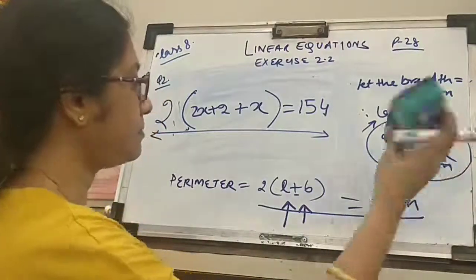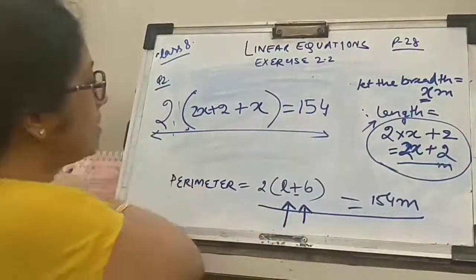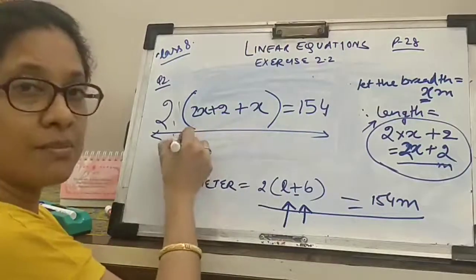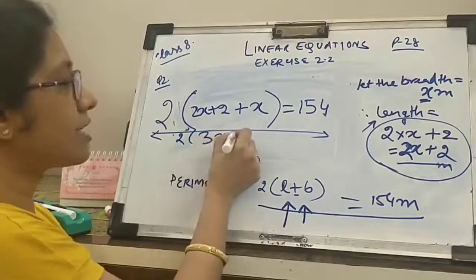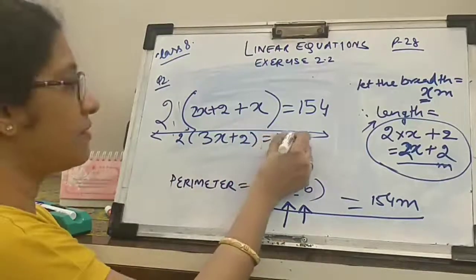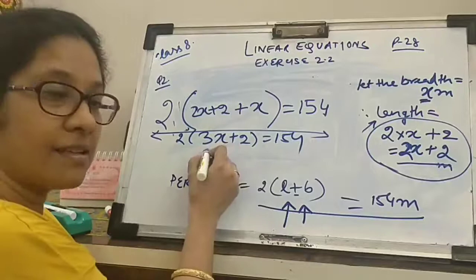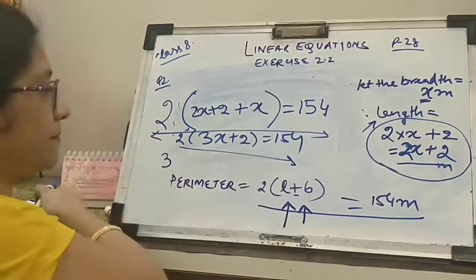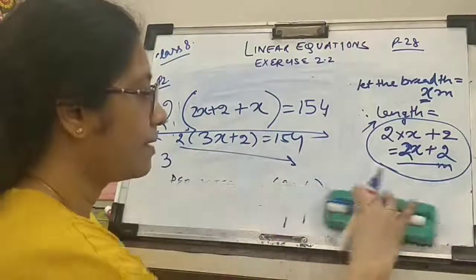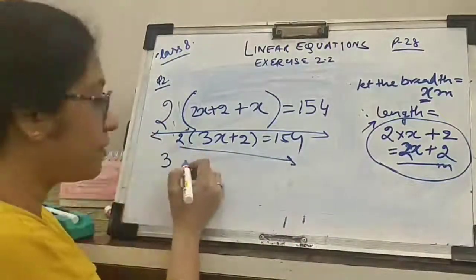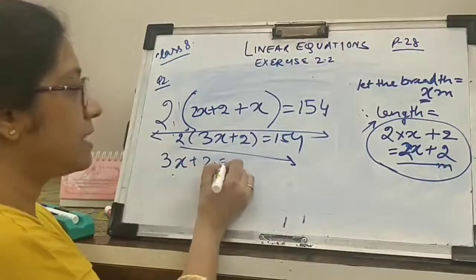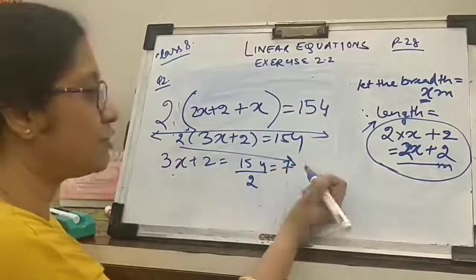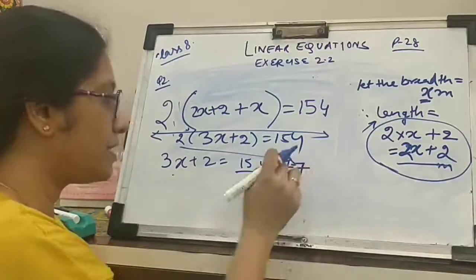So all I need to do is simply solve it. Simple solution. 3x plus 2 is equal to 154. Then 2 goes down. Therefore, what do we have? 3x plus 2 is 154 by 2, which is equal to 77.